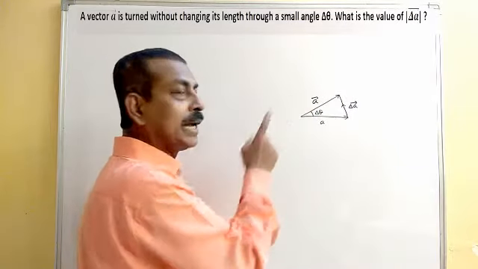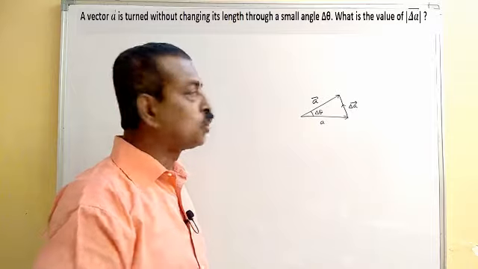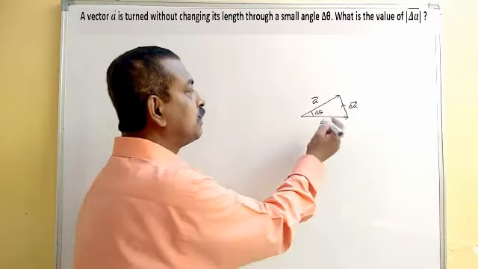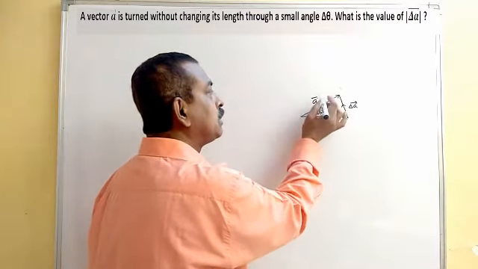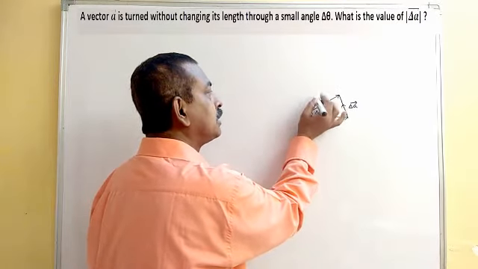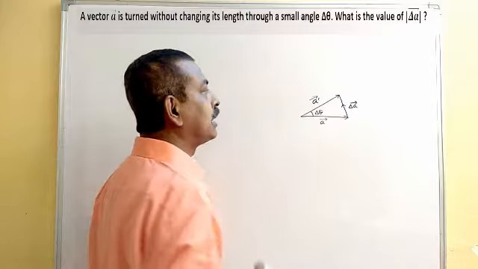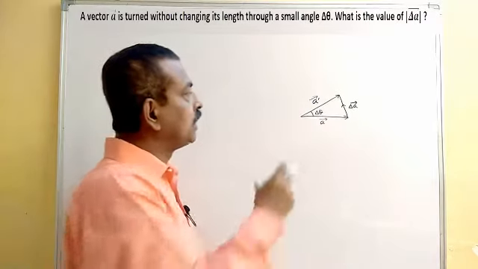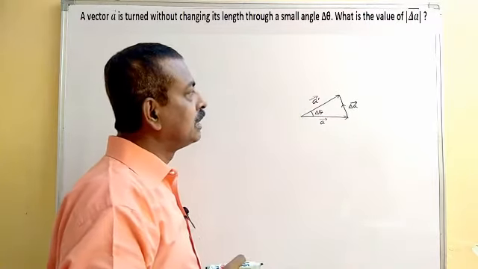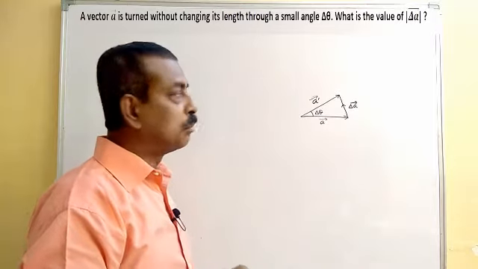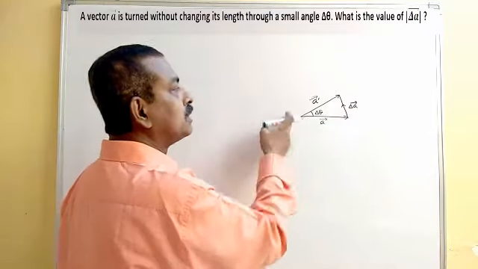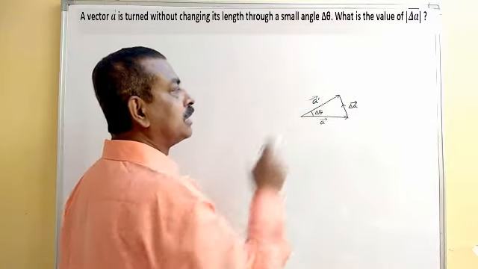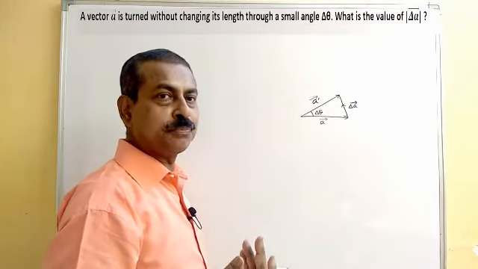So here the direction has changed, and we cannot say that this still remains vector A. Let it be represented by vector A dash. Because if you take that one as A, then this is also vector A, and delta A will appear to be 0.